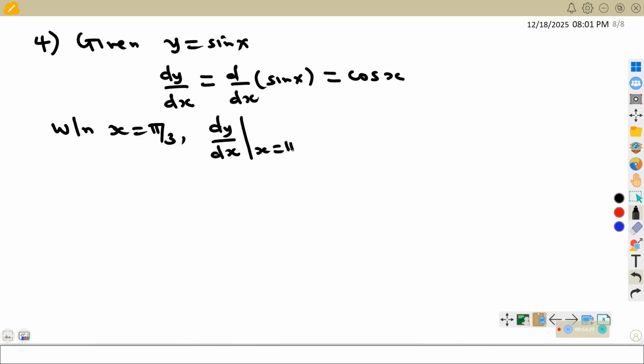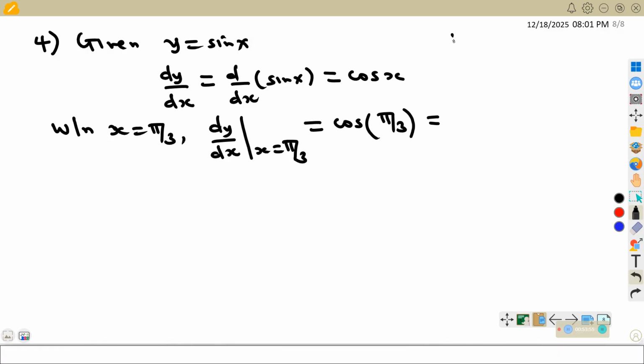X is equal to pi by 3, so this implies that we shall have cos of pi by 3. So what do we get there? Cos of pi by 3. So get for us cos of pi by 3.